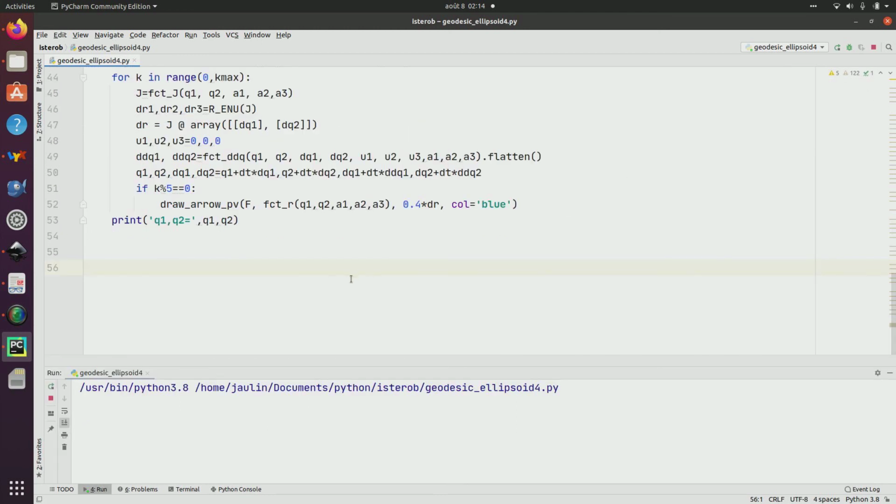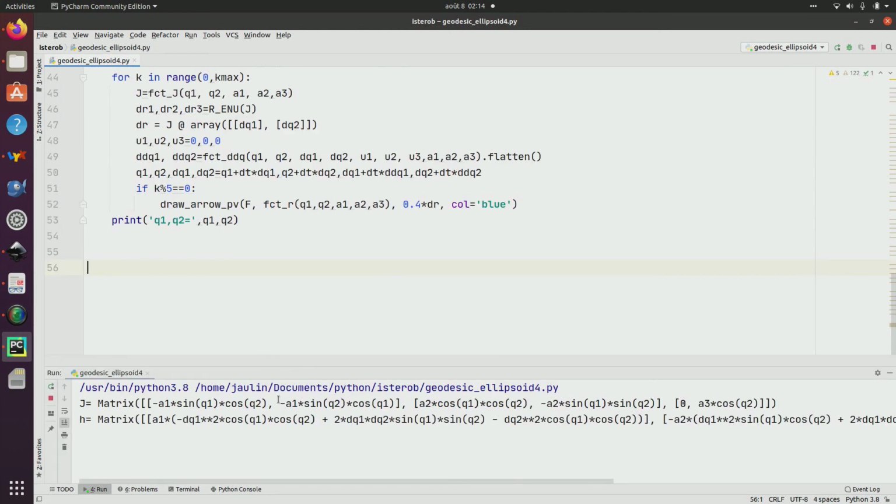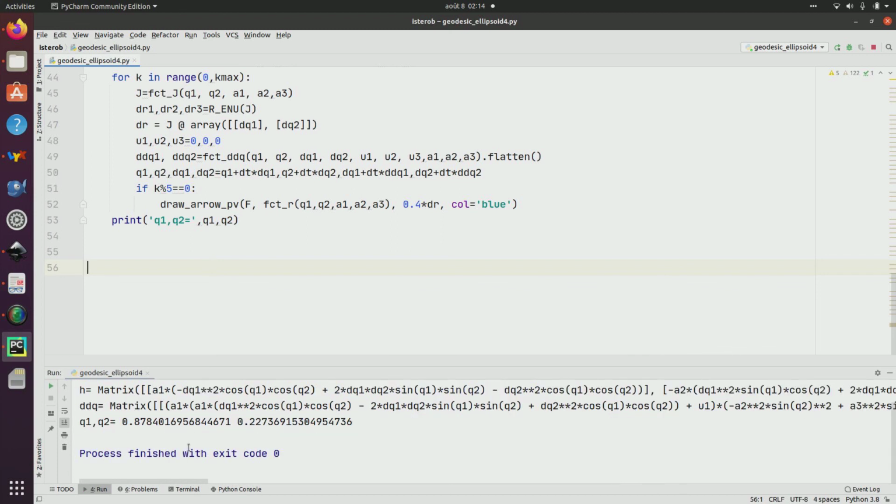So I run it. All the symbolic part is run. If I compute, I obtain this, which is not correct, since I want to reach 2 here and 1 here. So I will have to go further. I will end mainly here.